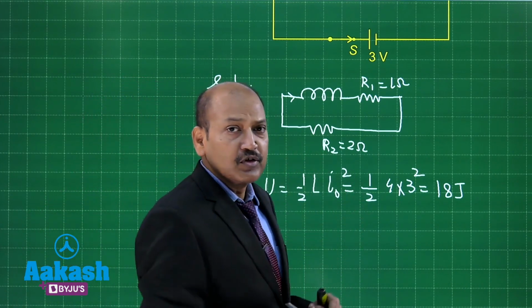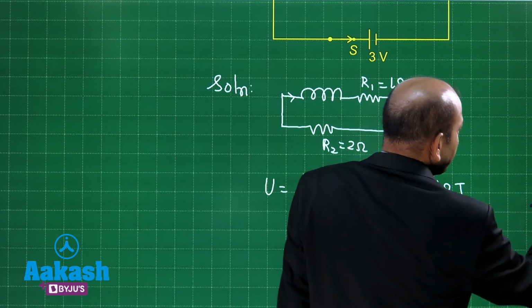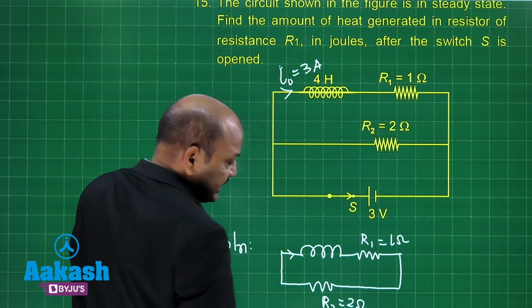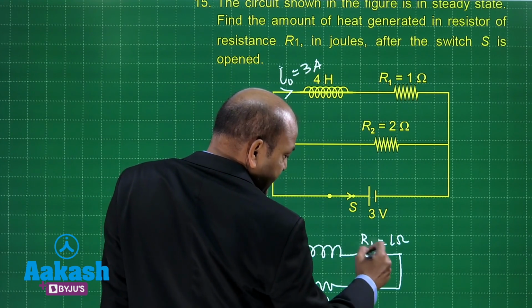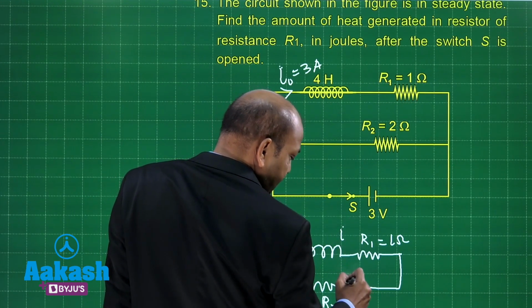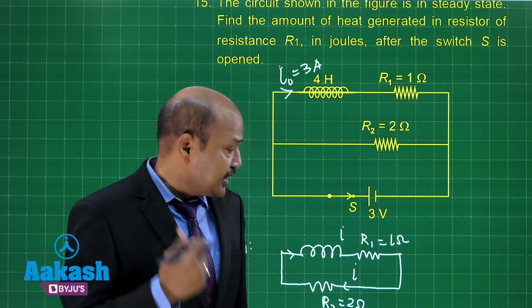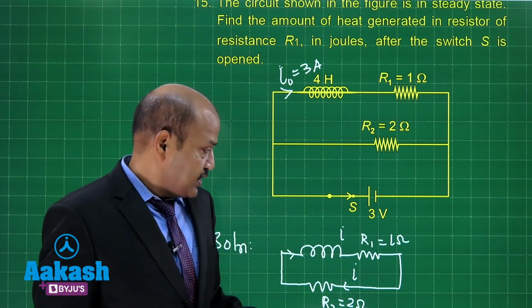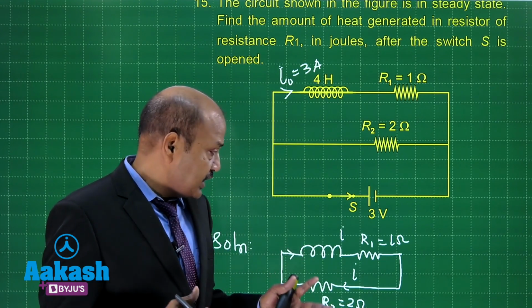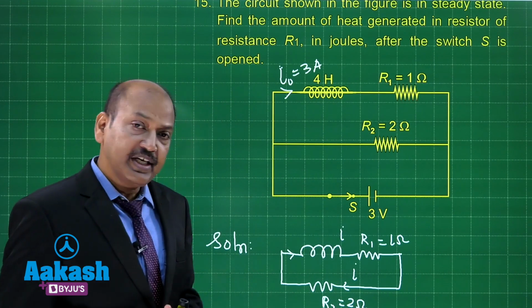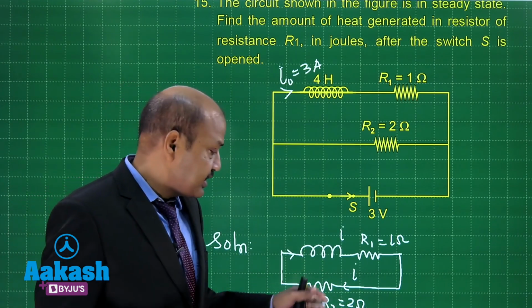This is the total amount of heat produced, but this heat will be produced in R1 as well as R2. Now, we can see that the current in R1 and R2 are going to be the same, equal. So, heat produced will be in the ratio of resistances. If the heat produced in R1 is H, 2H amount of heat is going to be dissipated in R2.